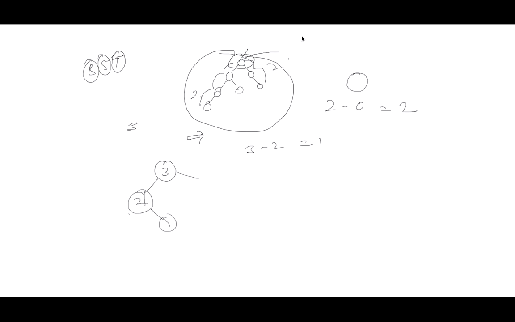Okay, then 9, and we need to confirm whether this is a valid binary search tree or not. Can you confirm this? No, it's not a binary search tree, because it is a binary tree, but it is not a binary search tree. How? At the node 2, the right side node should be greater than or equal to the root.